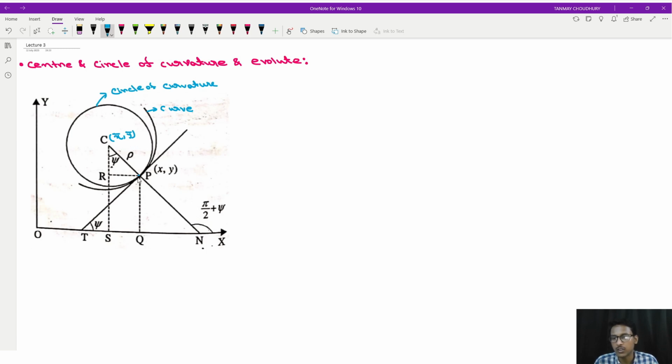For that purpose we have assumed that the tangential angle at P is psi, and we have drawn perpendiculars CS and PQ to the x-axis.